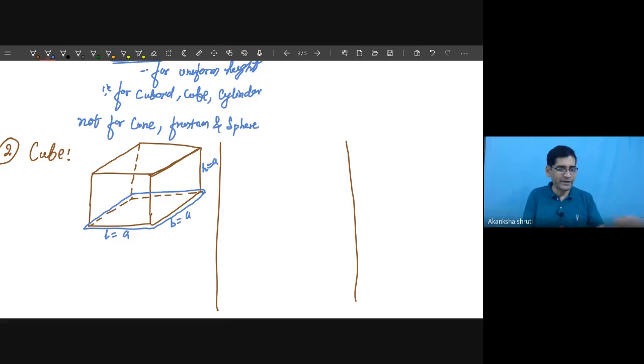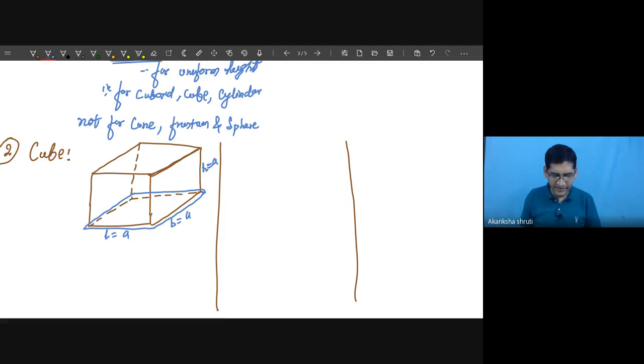Means the plane of paper is like this. Consider this is the plane of paper, and here you have just placed it. At that time the bottom one will not be visible to you. Directly the height will be visible to you.